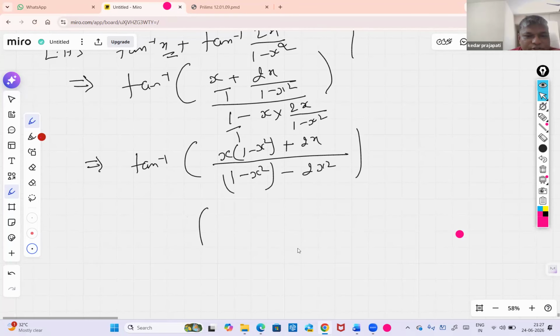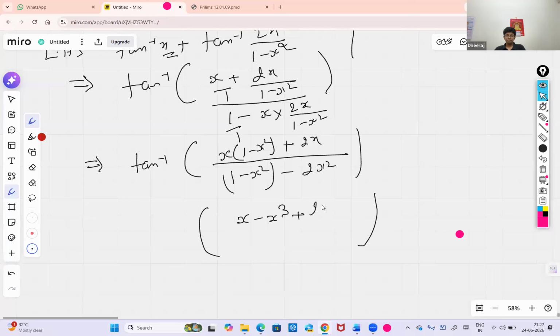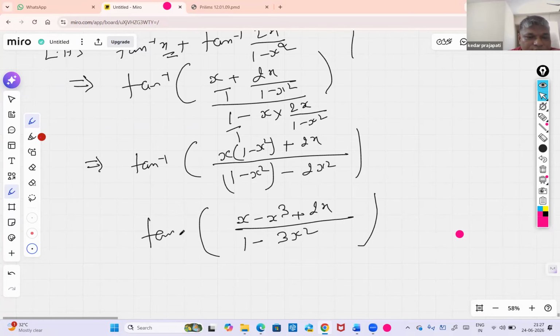Now just solve inside first. This is x minus x cube plus 2x. This is 1 minus x square minus 2x square, 3x square. And here it is tan inverse.